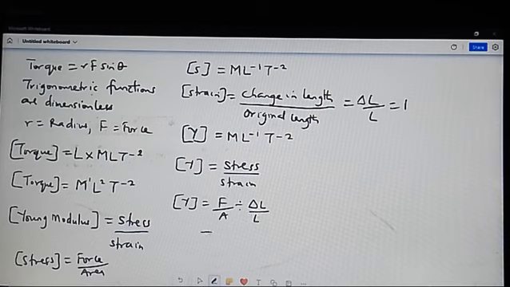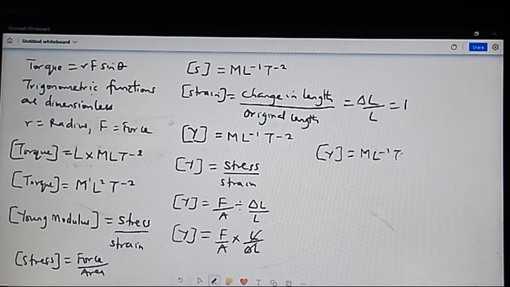And so we express this as F over A times length all over change in length. Of course, these have the same dimensions. Length, change in length, they have the same dimensions. So it goes away, and you have F over A. So the dimension for Young modulus is that of pressure. So it makes it much easier.